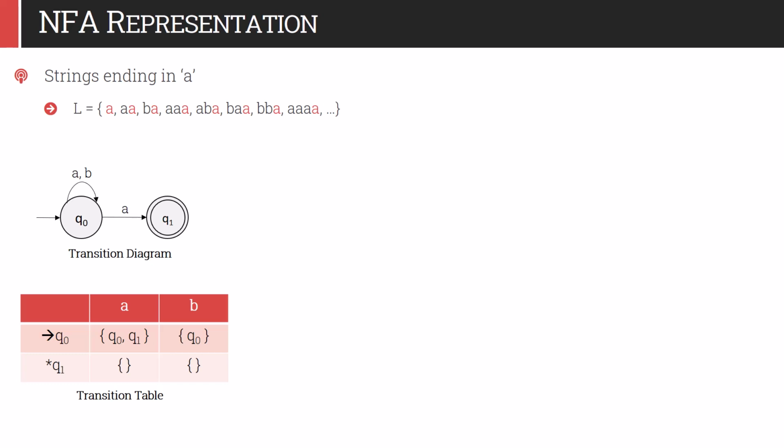So in case of DFA, it was only a single state, but in case of NFA, it is a set of states. So typically we write it within curly brackets because it is a set. Similarly, from Q0, if we read B, we are moving to state Q0 only. And from Q1, there is no transition, so that will be phi or the null set. That is another representation.